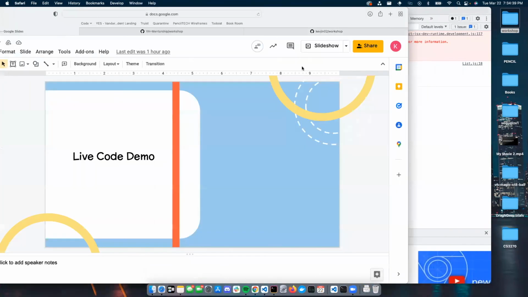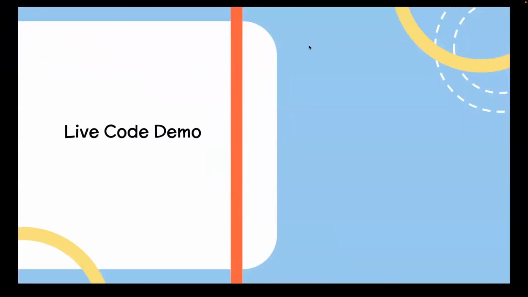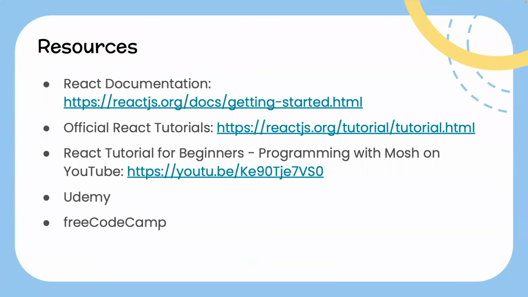Safari. Let's go to the slideshow. Here are some resources that you can definitely use. When I first learned React, and when Richard first learned React, we both used Udemy, which is really cool. A lot of really cheap courses there. Strongly recommend. But here are some other really cool resources. We're going to put them all in our VH mentorship GitHub.